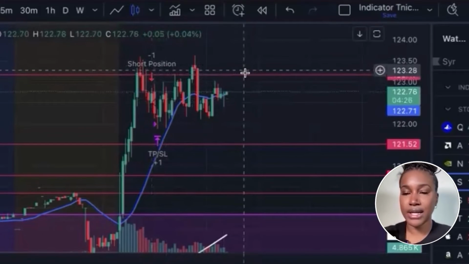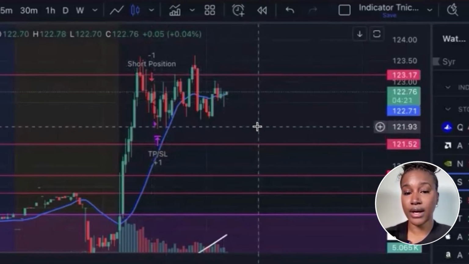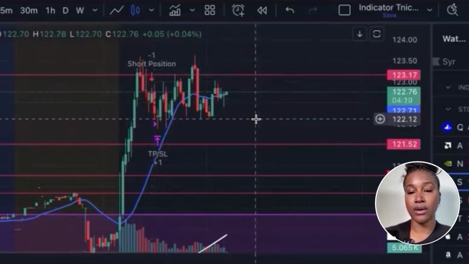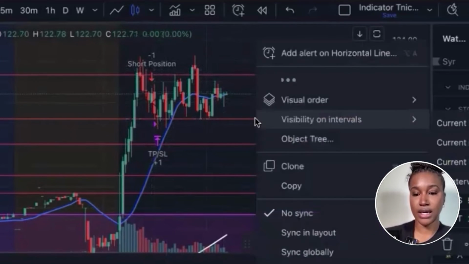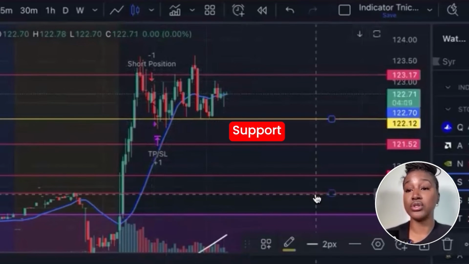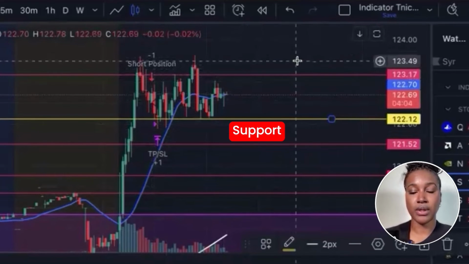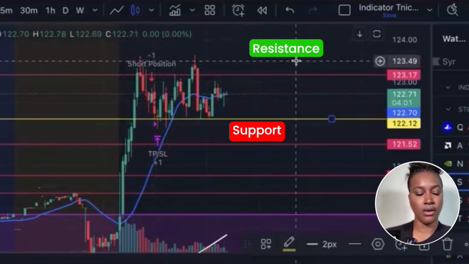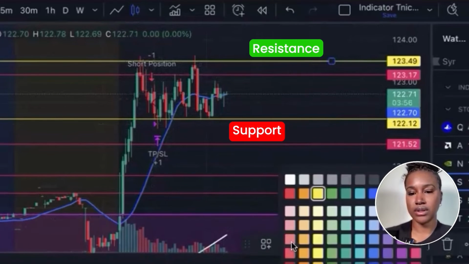And here is a great example of that, where we have a new support level at 122.12 here. I can mark it for you and make that yellow so it stands out. That is the new support level, and the new resistance level is up here at 123.49, and let's make that orange so it's a little bit different.